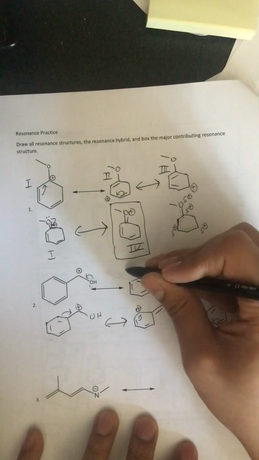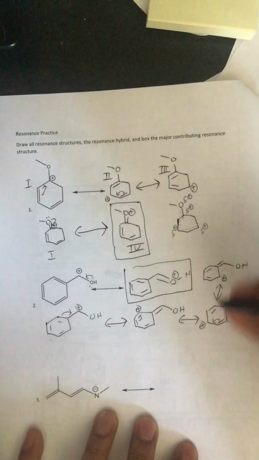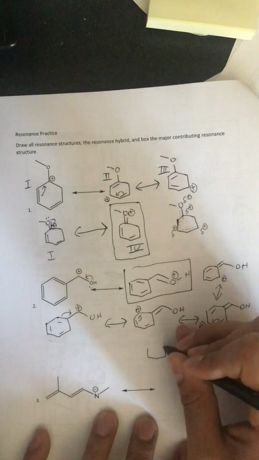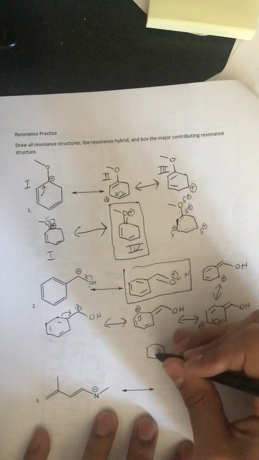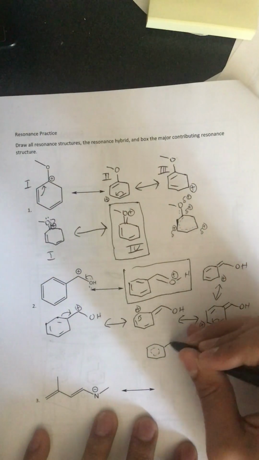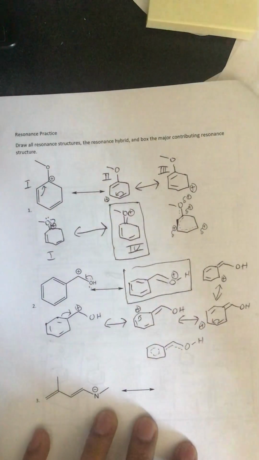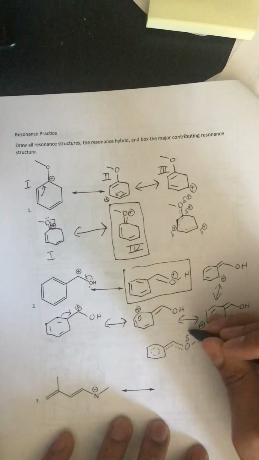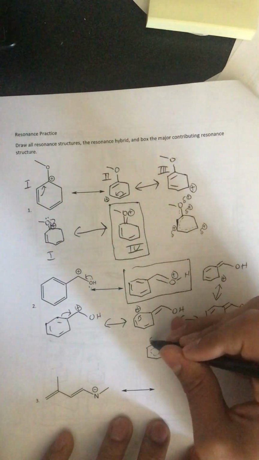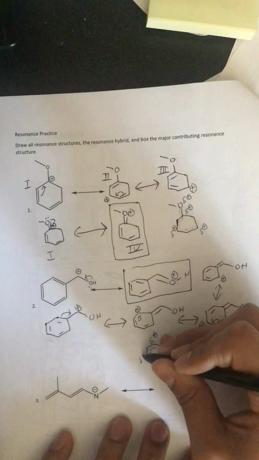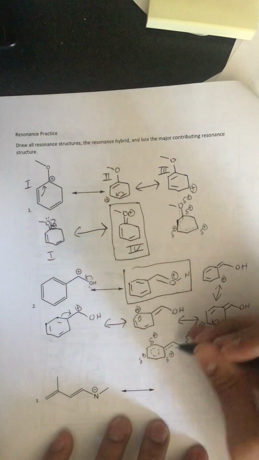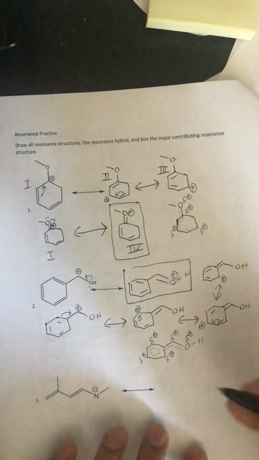Okay, the major contributing resonance structure is going to be this one, and then the hybrid is going to look like that. There's a delta plus, delta plus, delta plus, delta plus, and delta plus. Like that. That's the hybrid.